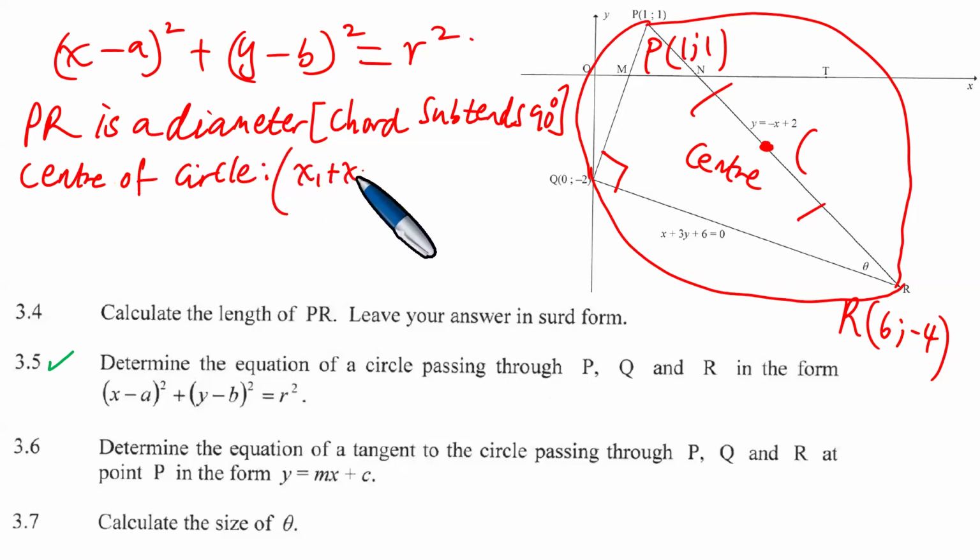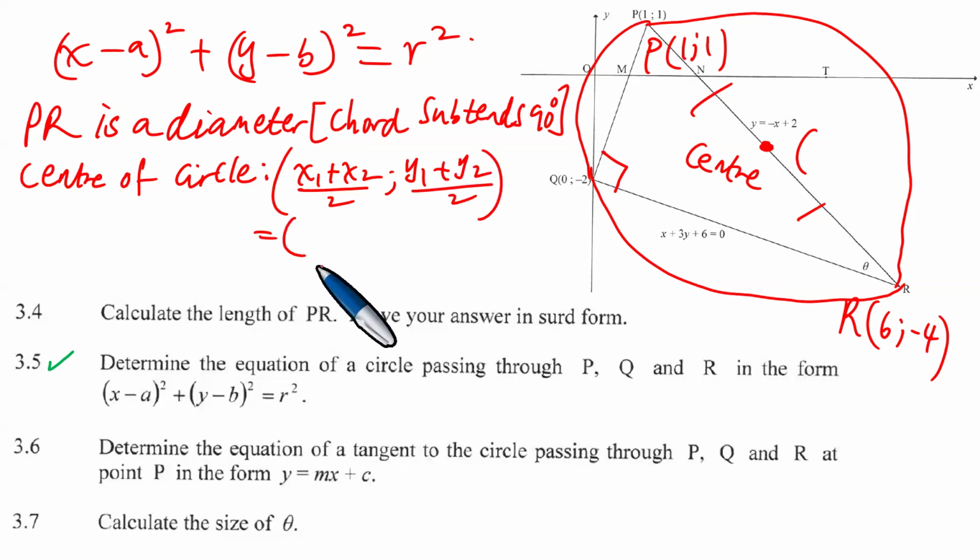Which is x1 plus x2 out of 2, y1 plus y2 out of 2. All right, so this one is x1, y1, and x2, y2.